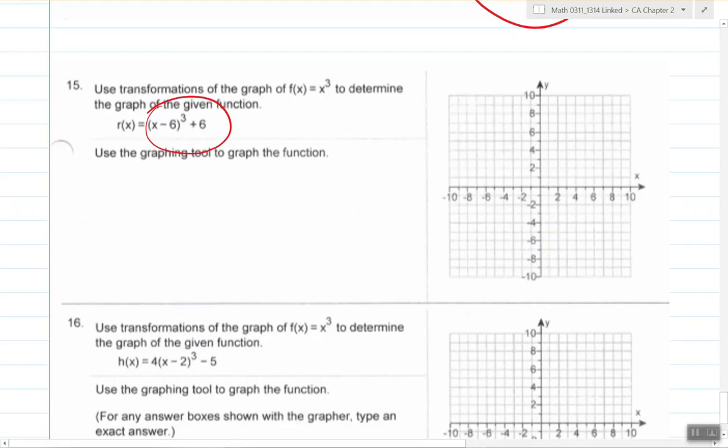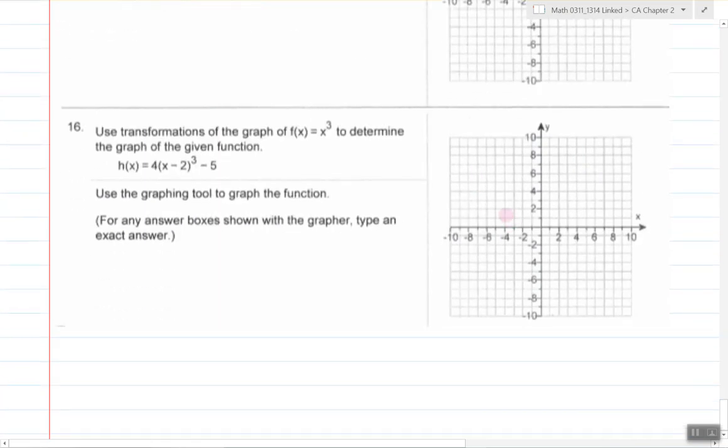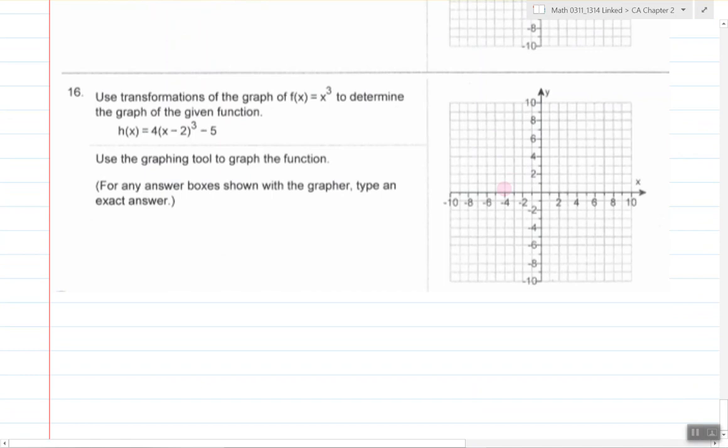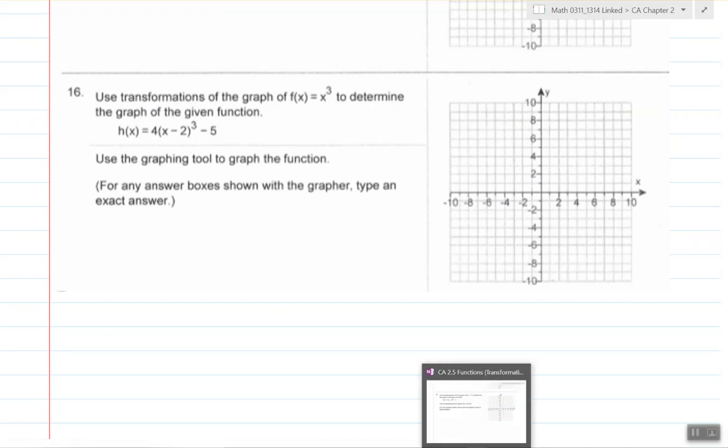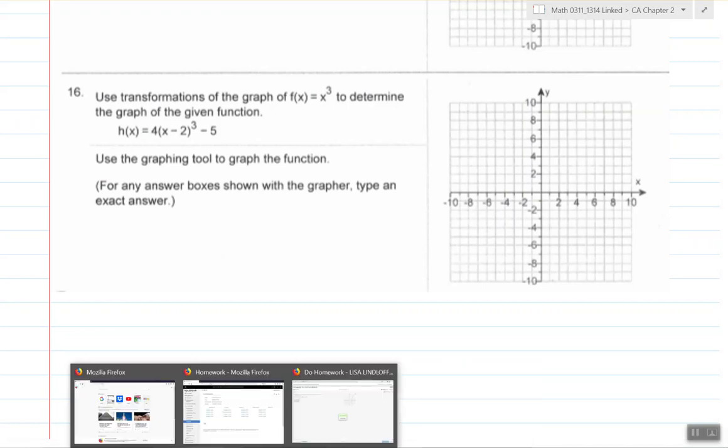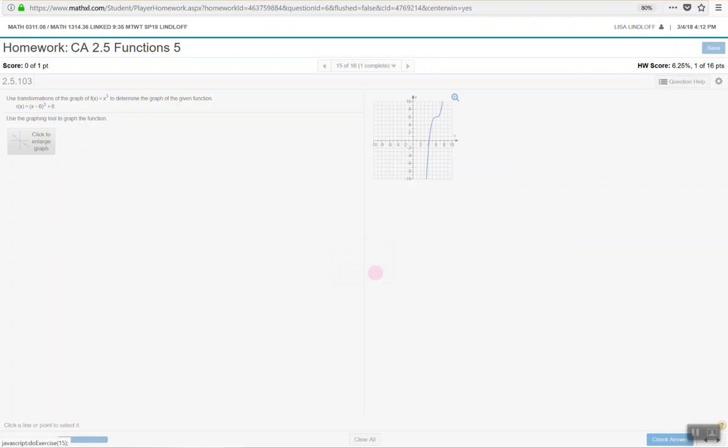All right, back to our problem set. 16. I guess I will go back to my math lab for this one because it is actually graphing something. So back here, go to my next question.